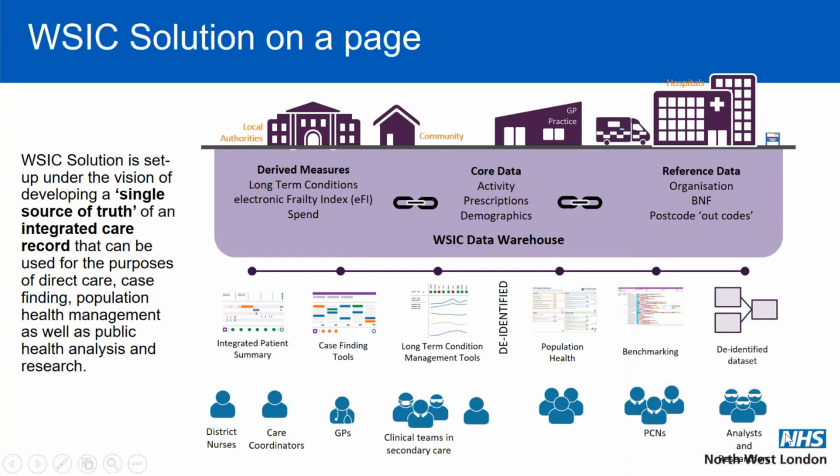And this is either presented in the dashboards, which again are designed by each of the different programs across Northwest London, or the de-identified data set, which is solely available to the analysts and the researchers to be able to do that specific bespoke analytics, where the dashboards may not support the particular questions that have been asked. The de-identified data set is there to support that.